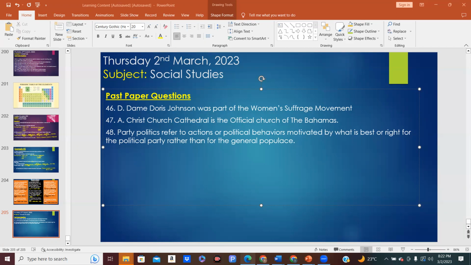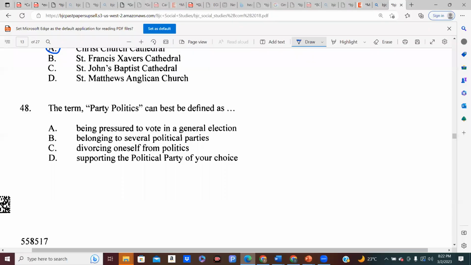Based on what I told you, what is party politics? A, being pressured to vote in a general election; B, belonging to several political parties; C, divorcing oneself from politics; D, supporting the political party of your choice. What do y'all think?